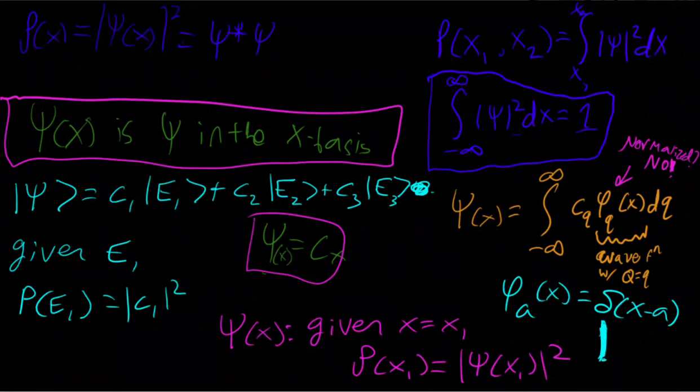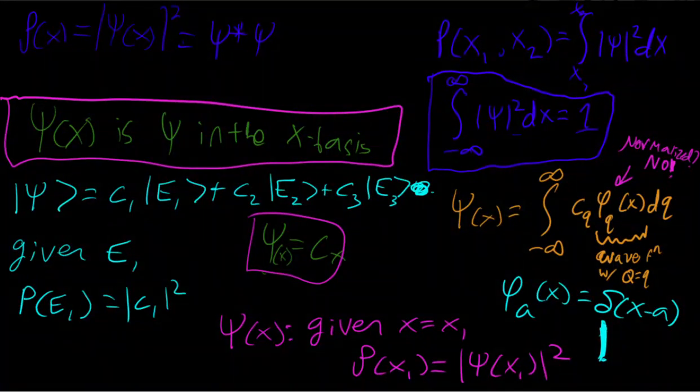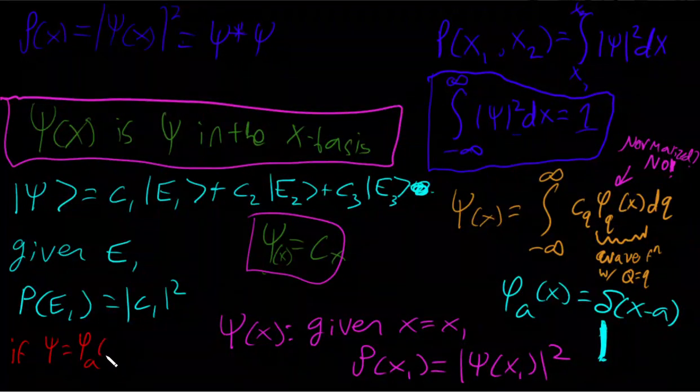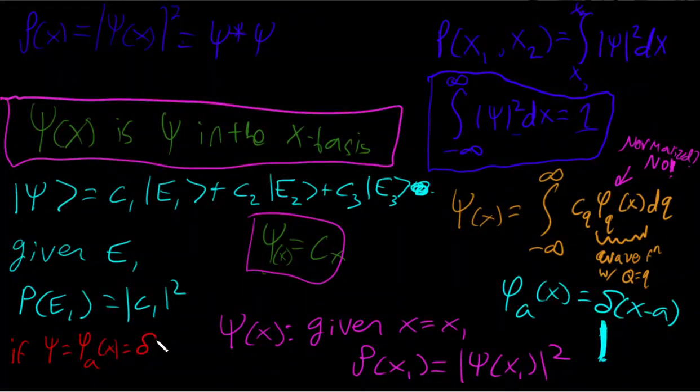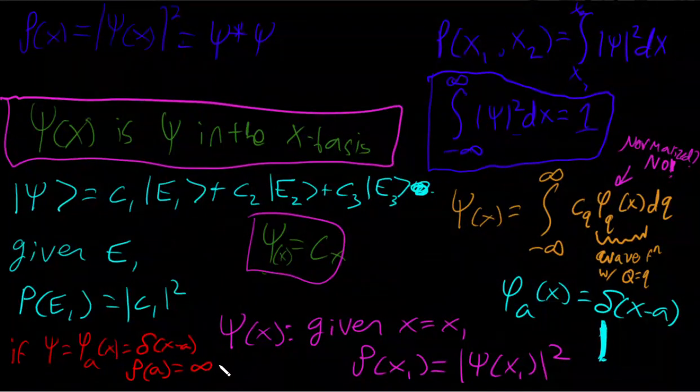That makes sense for the probability density. That's the last thing I'll write this video. If psi equals phi a of x, which is equal to delta of x minus a, the probability density of a is infinite, because it's the delta function norm squared.